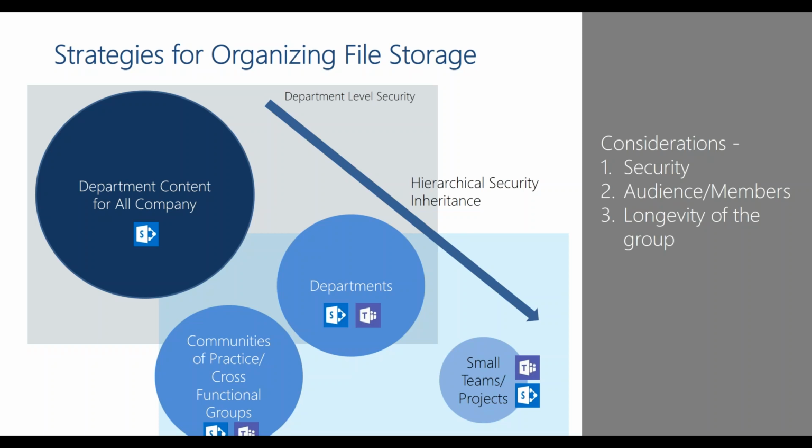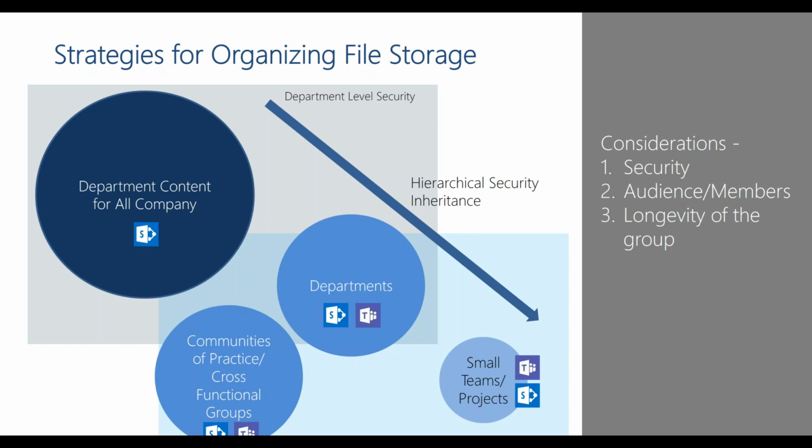Not to say that anything has to go away, but as you look down this graphic that I've created here, department content for all company is probably not going to go away, or if the department does go away, it will probably get reorganized or reshifted somehow.